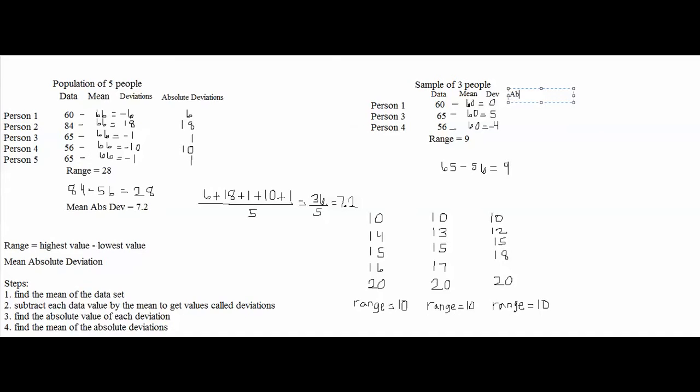I'll write ABS DEV for absolute deviation. The absolute value of 0 is just 0. The absolute value of 5 is 5, because if it's a positive number, it just stays the way it is. And the absolute value of negative 4 is 4. We just leave off the negative sign.